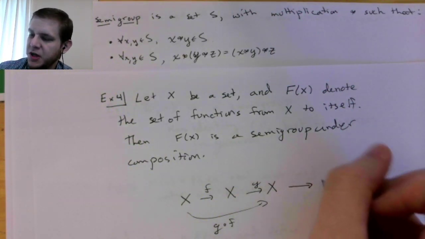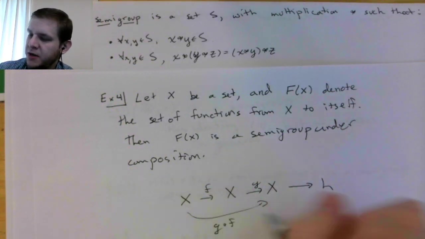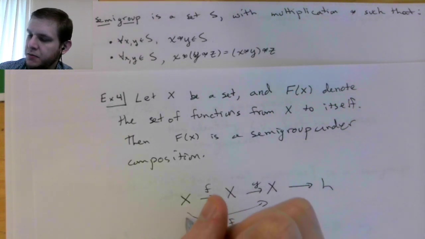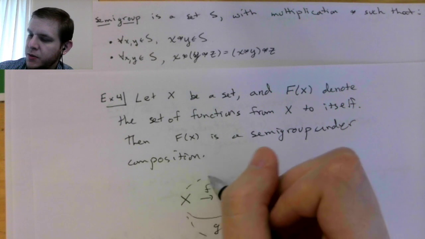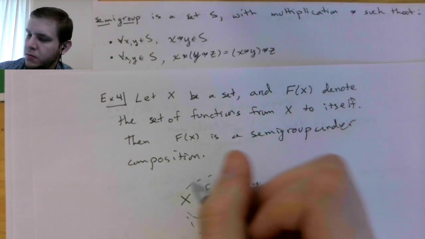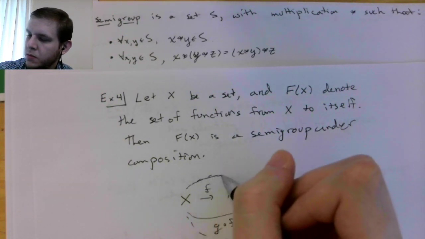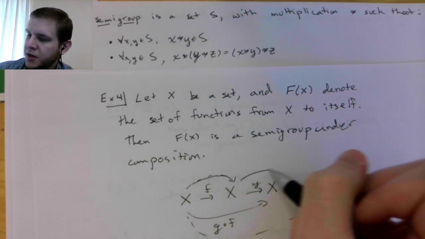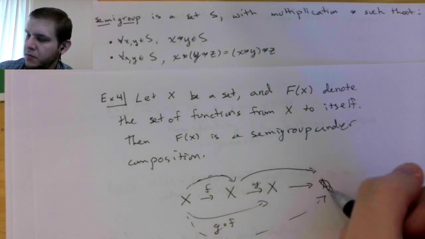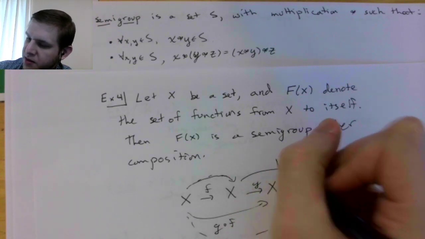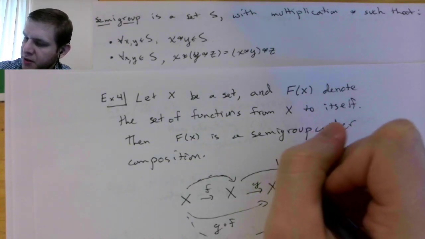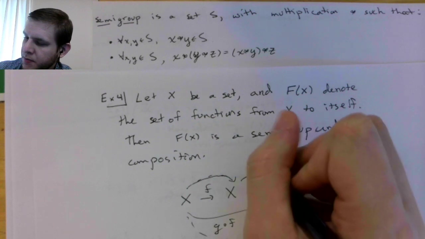Right, if I have a third function h, it doesn't matter if I compose this one and then h, or I compose this one here, and then g of this. Which one do I apply first? I apply g first, and then h.